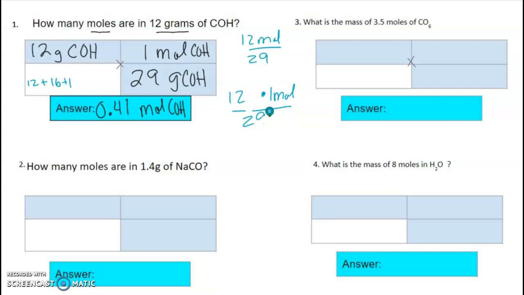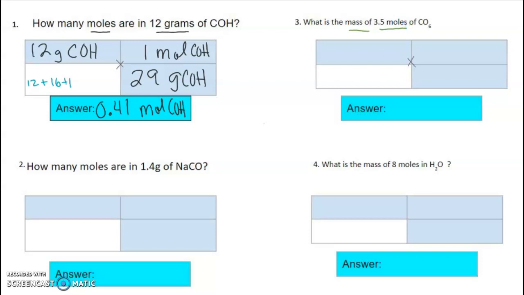Now let's look at one where we're going to find the mass. That is number 3. It's a little bit different. For number 3 over here, it says, what is the mass of 3 moles of CO6?